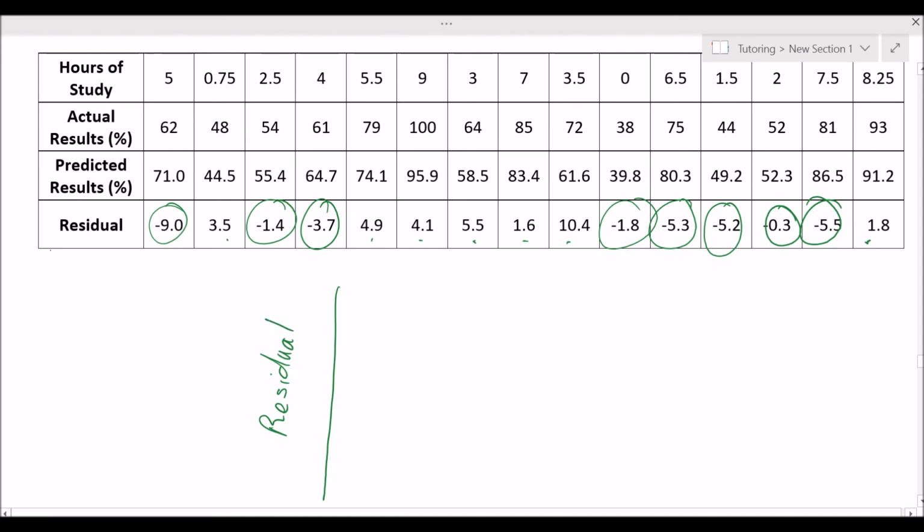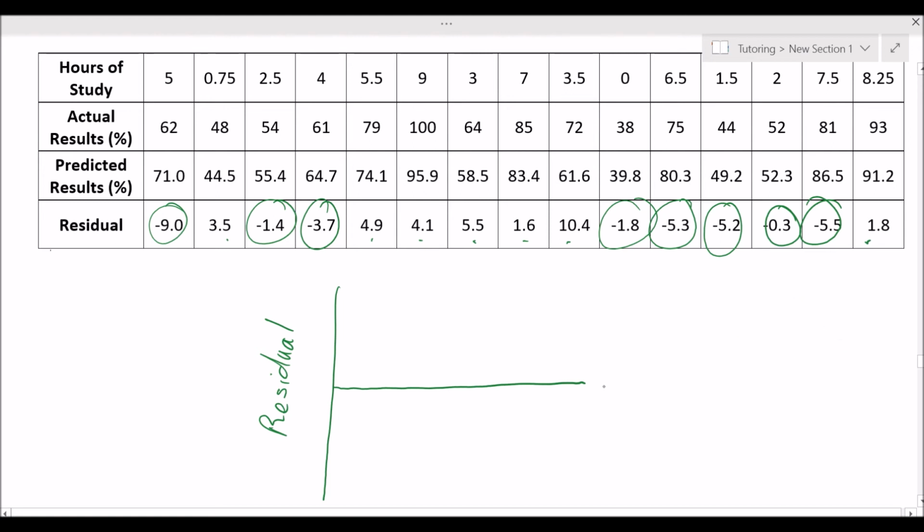Okay, so the residual values are going to go on the y-axis. And because we have some negative and some positive, it means our x-axis is actually going to have to be in the middle here. Okay, so if you think about a Cartesian plane, we're using this half of the Cartesian plane. Okay, these two quadrants.